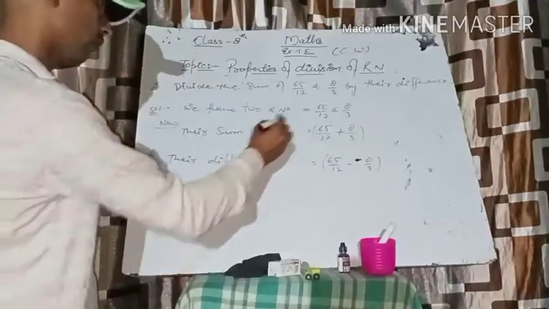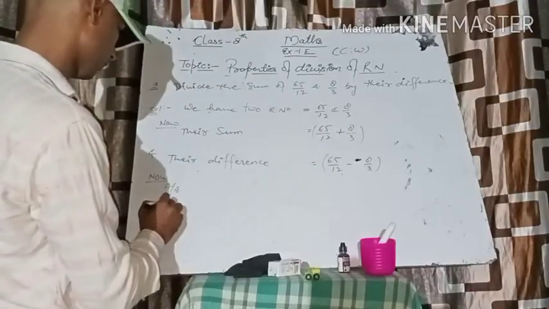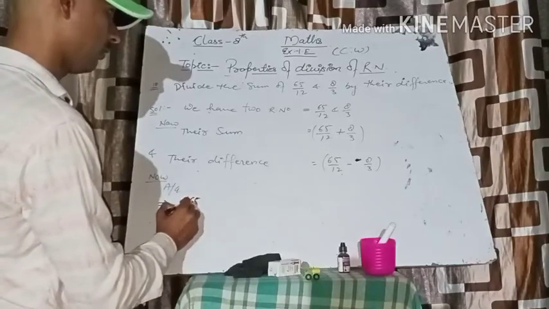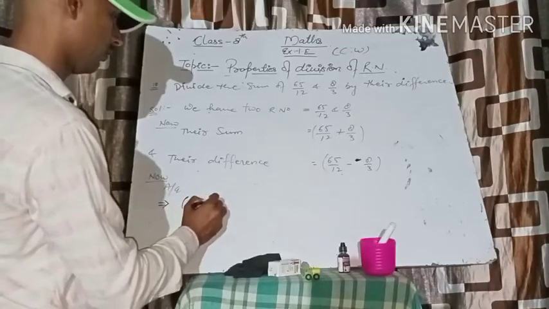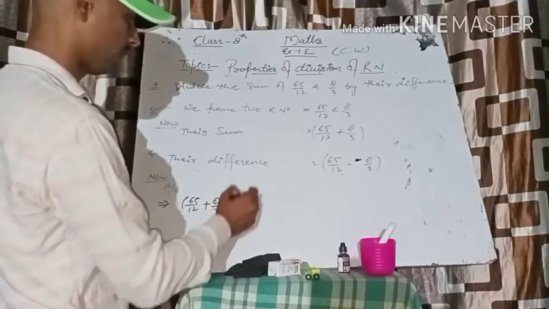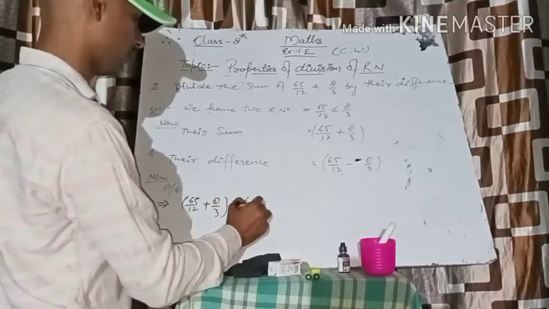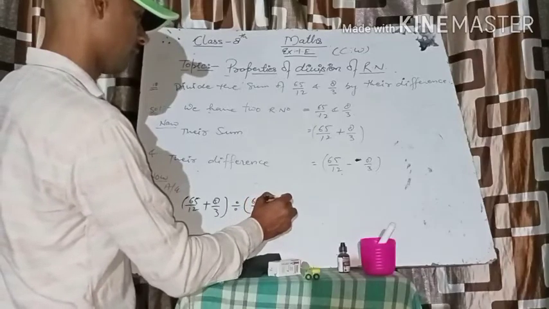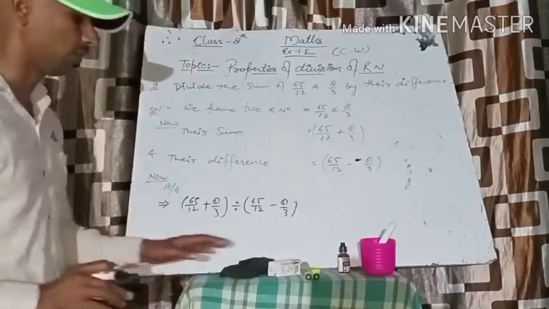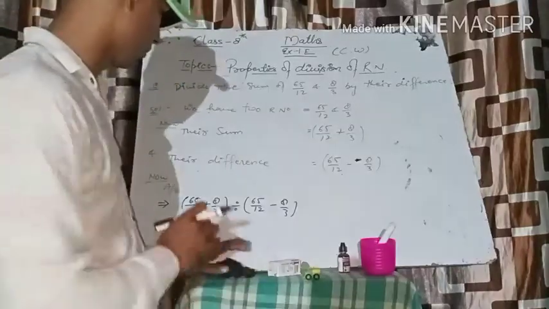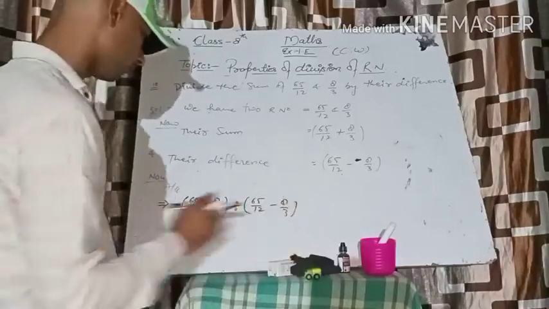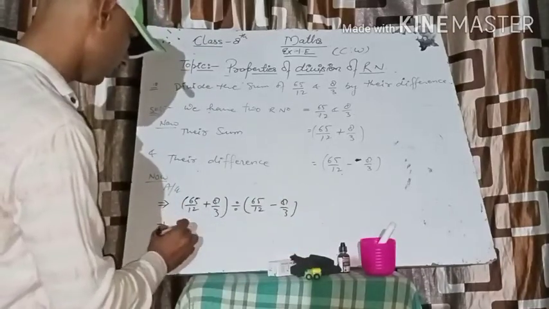So what was the sum? 65 by 12 plus 8 by 3 is divided by their difference, that is 65 by 12 minus 8 by 3. Okay, up to here. If you have any query, then you can drop your message in your group. Now solve this one.